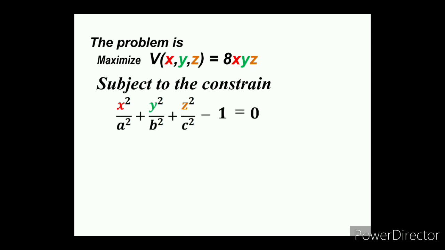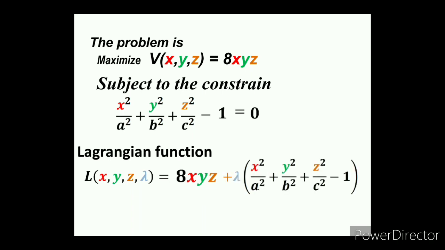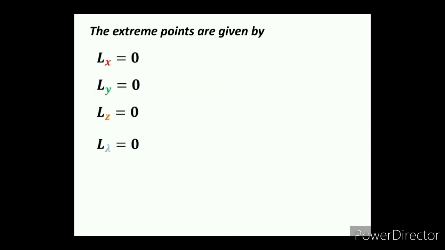So, the Lagrangian function is L(x, y, z, λ) = 8xyz + λ(x²/a² + y²/b² + z²/c² − 1). We know by Lagrange's multiplier method, the extreme points are given by the equations Lx = 0, Ly = 0, Lz = 0 and Lλ = 0, and they give the following equations.